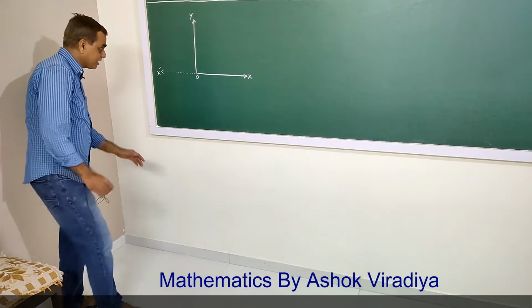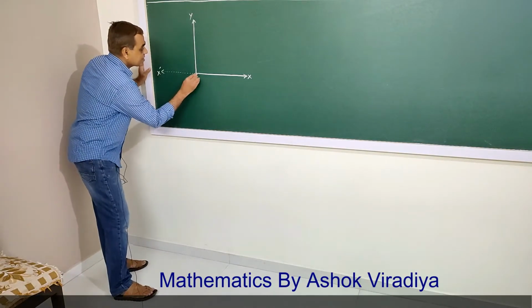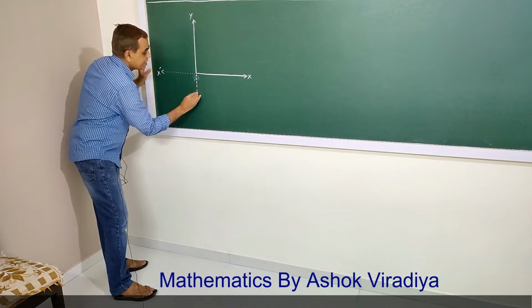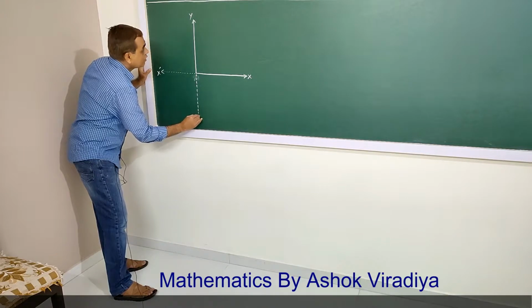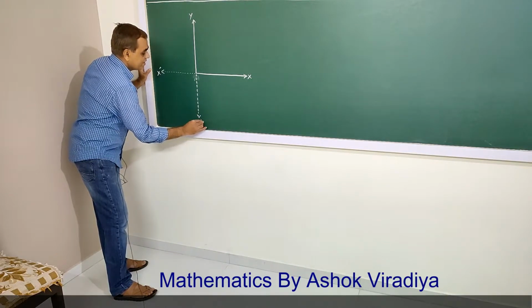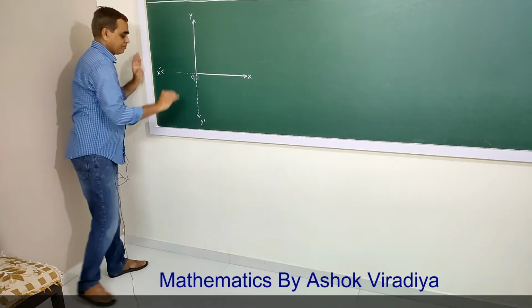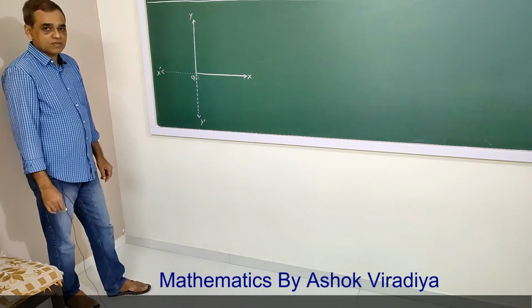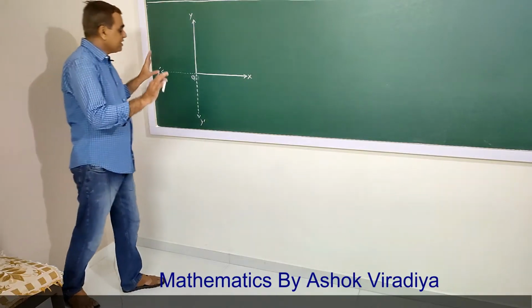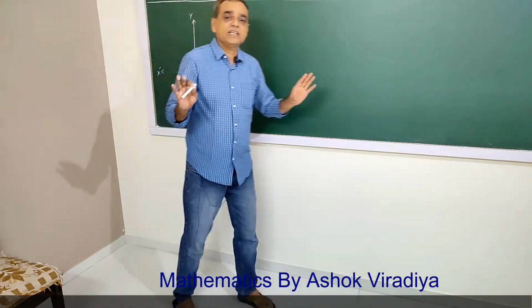So that can be seen here as the negative direction of y-axis. We denote this by OY dash. So these coordinate axes we take whenever we discuss anything in plane.